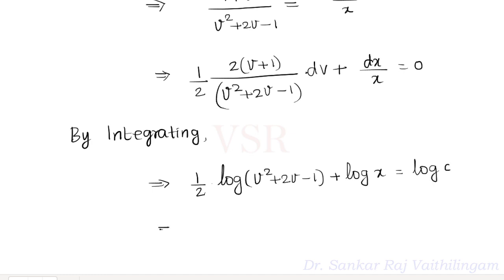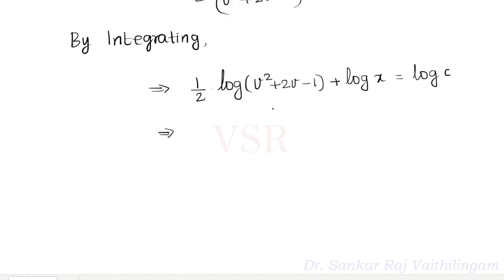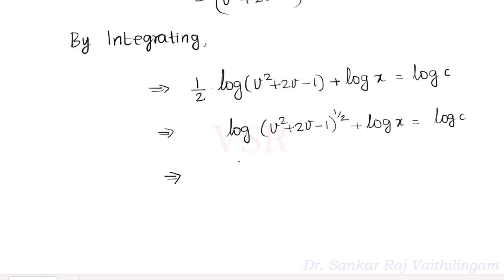This implies that, if not in one step, we write it like this: log of v square plus 2v minus 1 the whole power 1 by 2, plus log x, which is equal to log c. That implies we can multiply these two. Then we get log of x into v square plus 2v minus 1 the whole power 1 by 2 which is equal to log c.